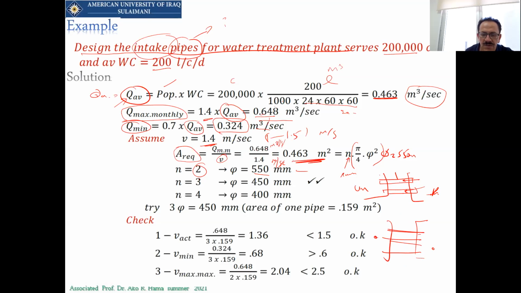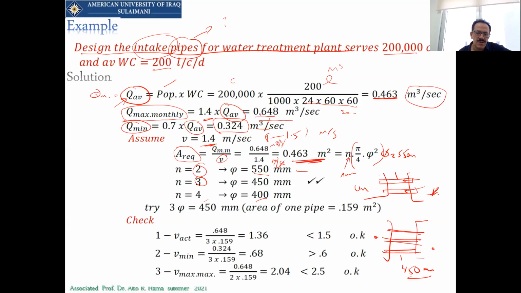If I use three pipes, you need to use smaller diameters, about 450 millimeters. So either you will use two of 550 or three of 450. In an emergency, we say two pipes is okay, but we should have three because we need to check for emergency.